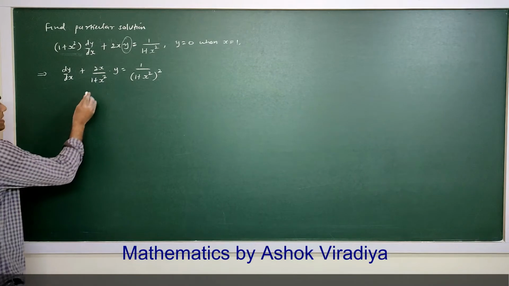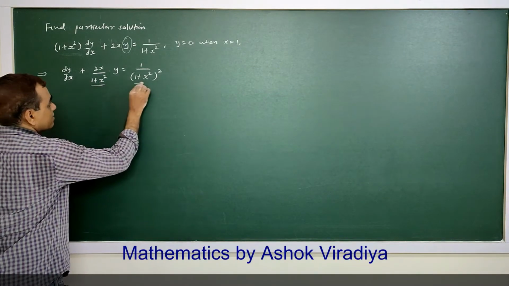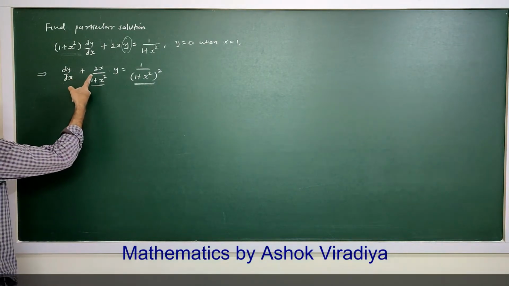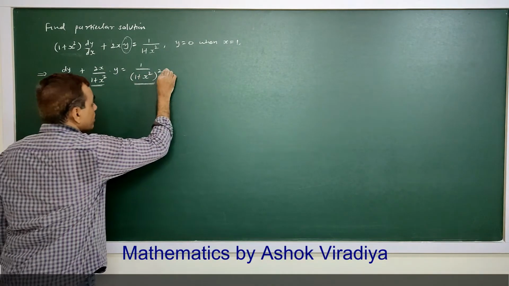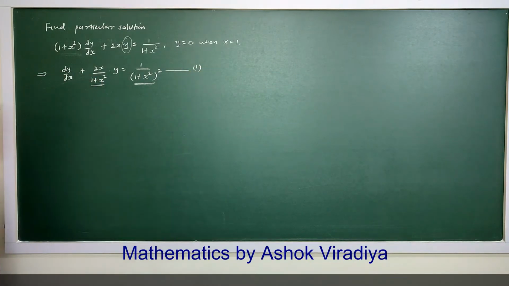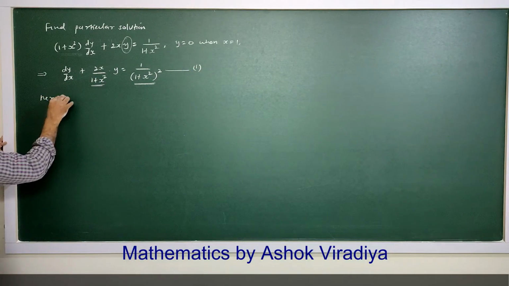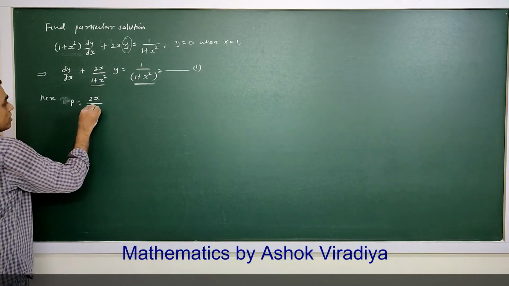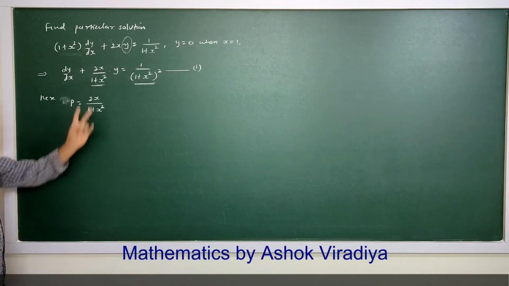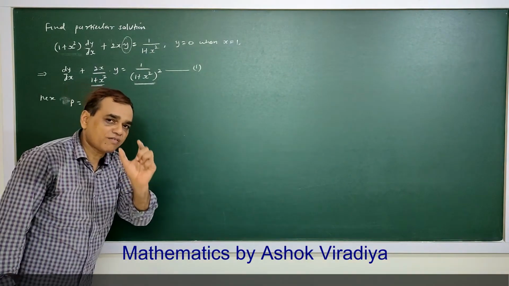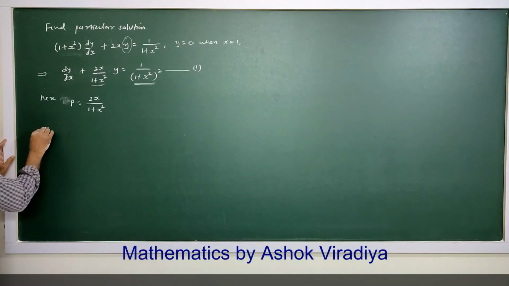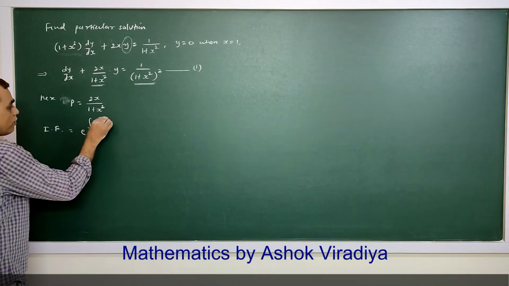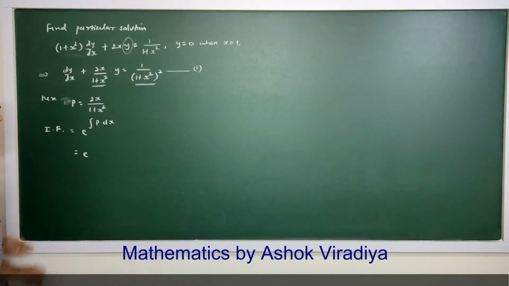Now you can see that this is a function of x only, and this is y. So dy by dx plus p(x) into y is q(x), it is the standard form. Here p is 2x upon 1 plus x square. The integrating factor is e raised to the integral of p with respect to x.